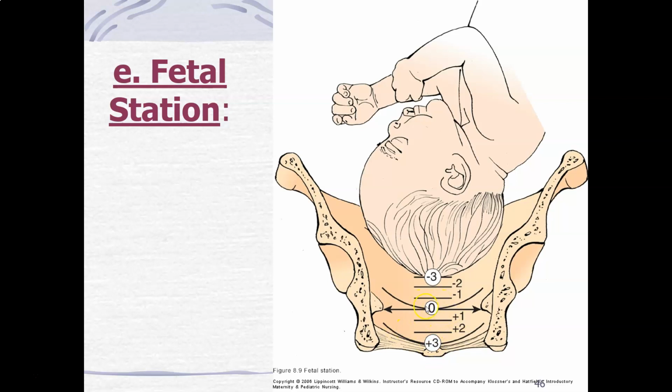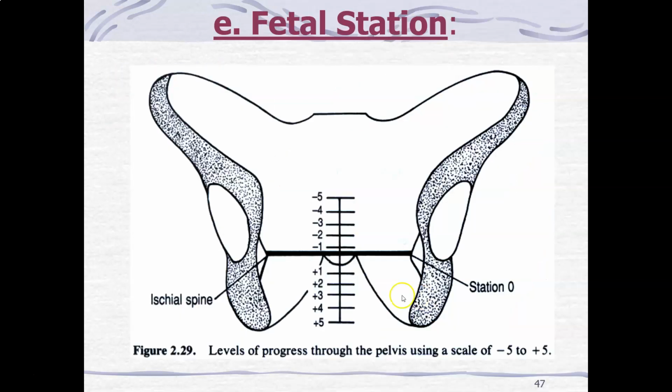These little notches are like the rugae in the vaginal opening, which helps with that determination a little bit as well. This is just a different type of picture showing you again the pelvis, the ischial spines here, and this being zero station, +1, +2, +3, and -1, -2, -3.